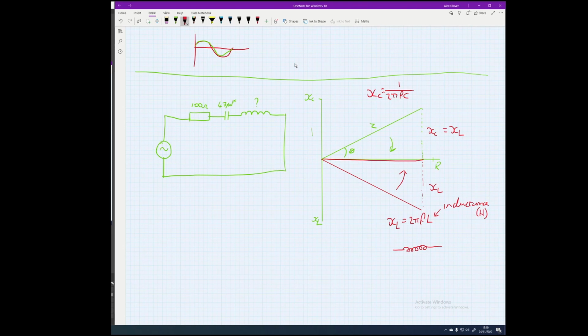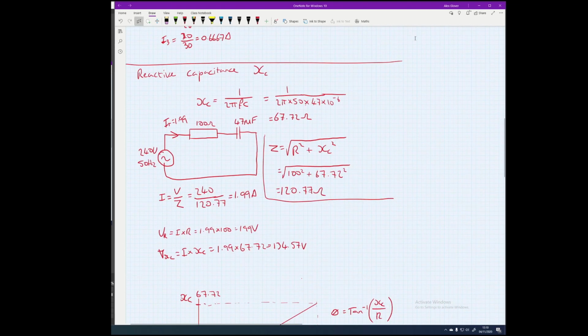Well, we can do that because we know that in this case XC equals XL. We already know the value for XC. We worked it out up here.